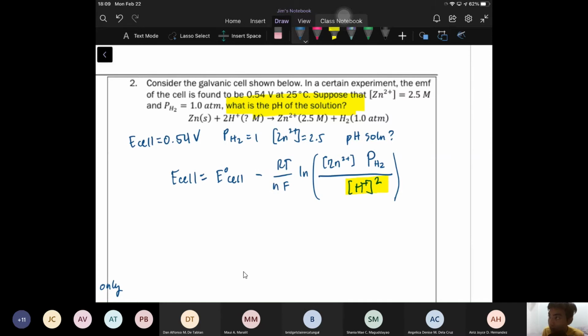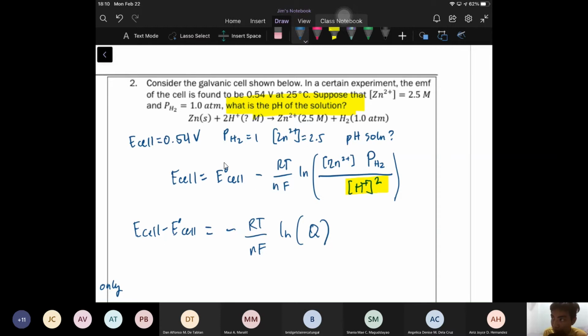So yung E-cell, i-subtract mo yun dito sa side na to. Okay, so you have E-cell minus E-not cell equals negative RT over NF, ln Q.